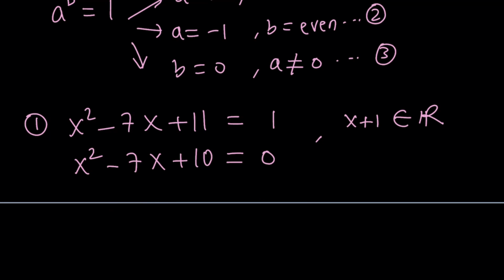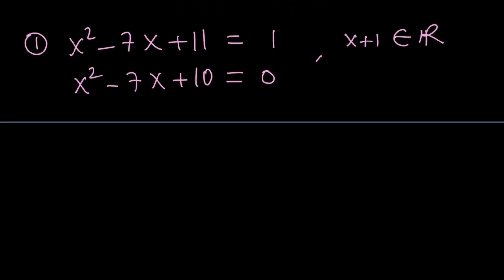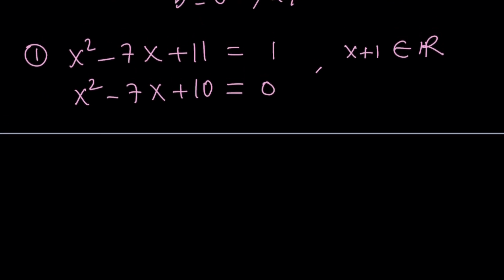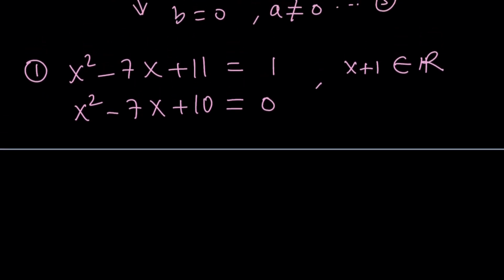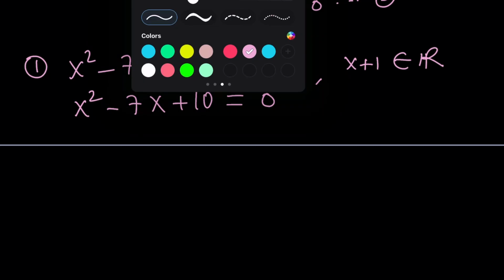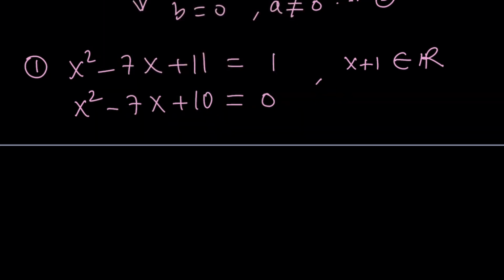But I'm going to use the third method here, which is not always available, by the way, and that is factoring. The reason factoring works here is because this equation has integer solutions. Some equations have rational solutions, and they are also factorable. So here's how it works. You've got to find two numbers whose product is 10 and whose sum is -7. First of all, the product is positive and the sum is negative, so the numbers both have to be negative.